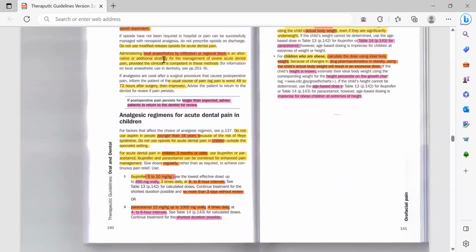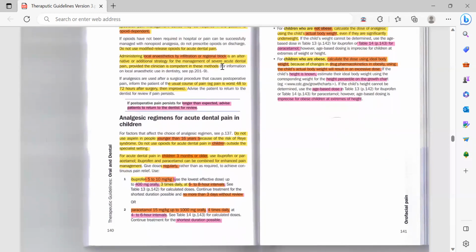Administering local anesthesia by infiltration or regional block is an alternative or additional strategy for the management of severe acute dental pain, provided the clinician is competent in this method. So, if the patient has come to you in severe pain, you can try to give him the local anesthetic by infiltration or by block.